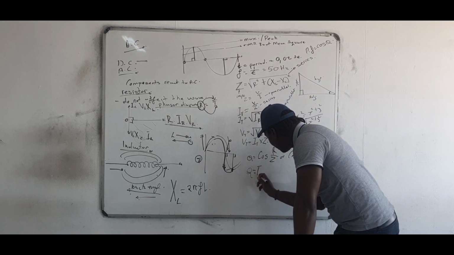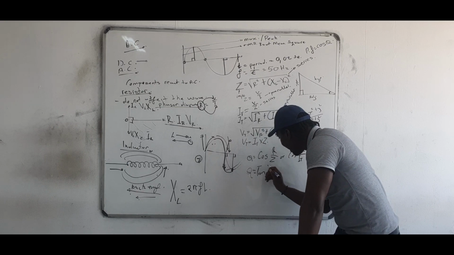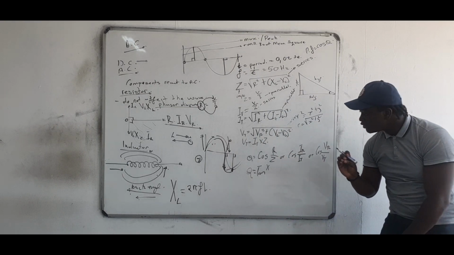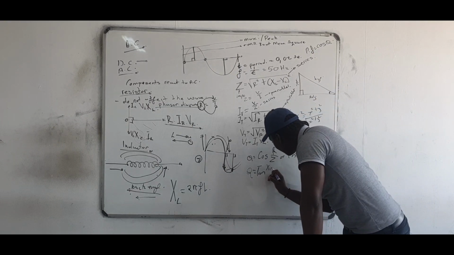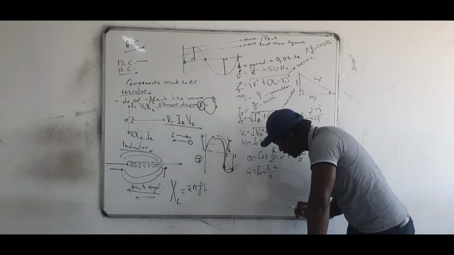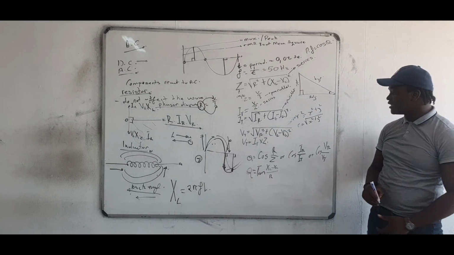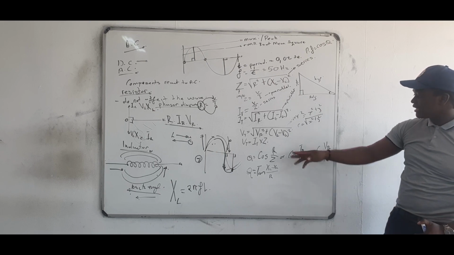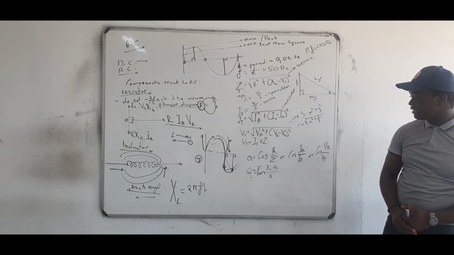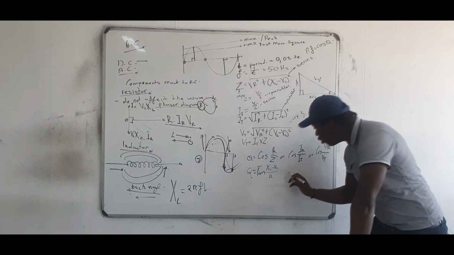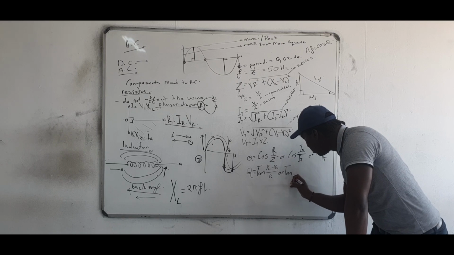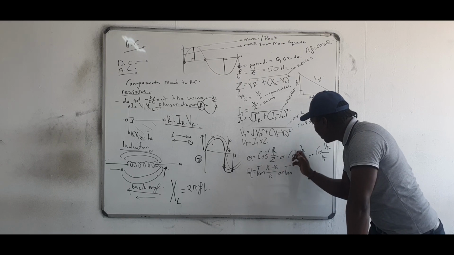So let's start with this one. It will be tan theta equals X. You see where I always told you, always start with the one on top. So I'll prefer XL minus XC divided by R. Depending, if the question did not give you an XC, like if there's no capacitor in your question, it will just be XL divided by R. Or if you're dealing with currents, it will be tan, or don't forget the -1, it's arctan.